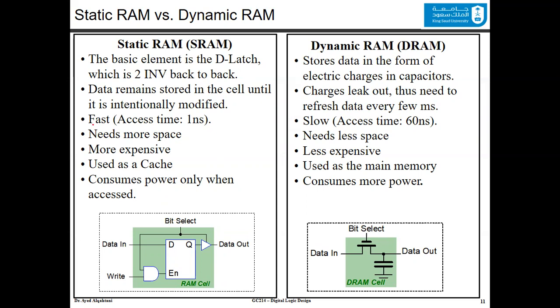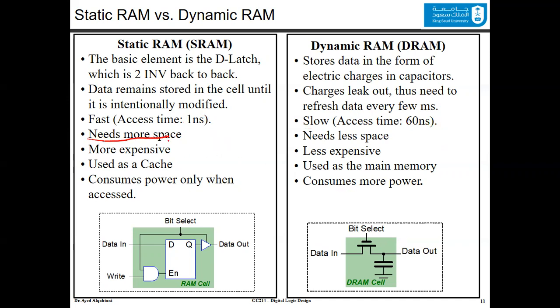The static RAM is very fast. The access time is only 1 nanosecond, typically. The dynamic RAM is slow, and the access time could be up to 60 nanoseconds. If with new generations we reduce the access time of the DRAM, know that it's also reduced for the SRAM.